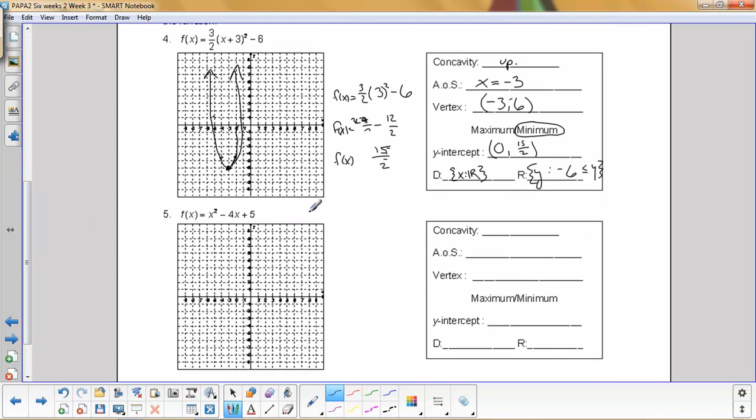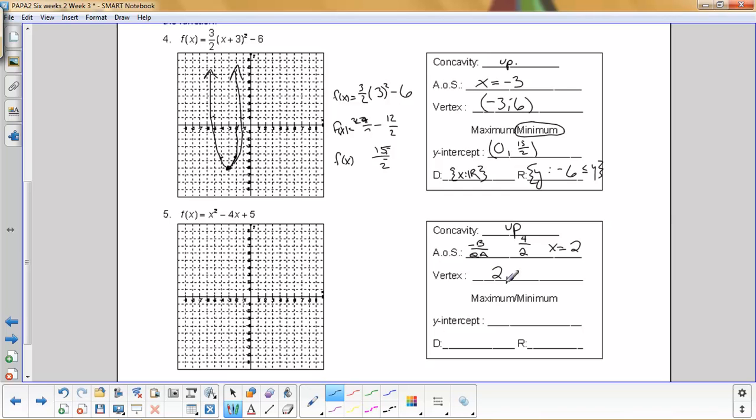Okay, in this one, we have concavity, which is still up. The axis of symmetry is located at the opposite of b over 2a. So that's going to be 4 over 2, which is x equals 2. The vertex is also located at the opposite of b over 2a, so you're going to do 2.